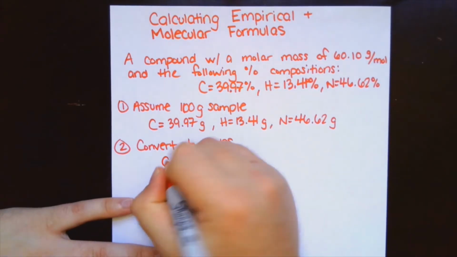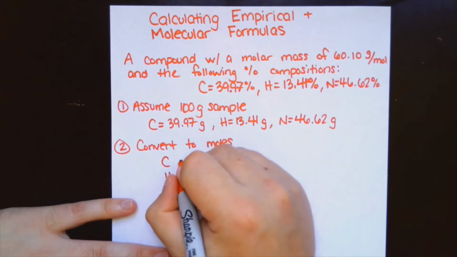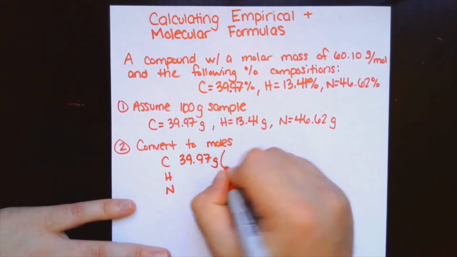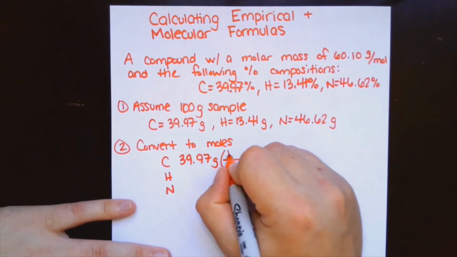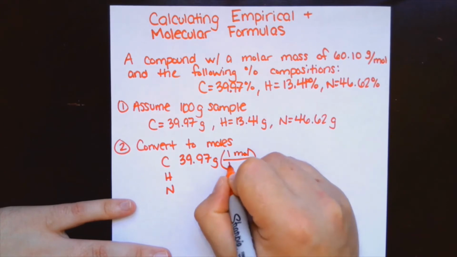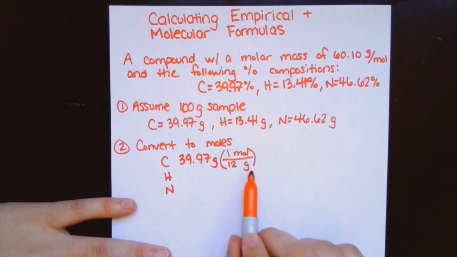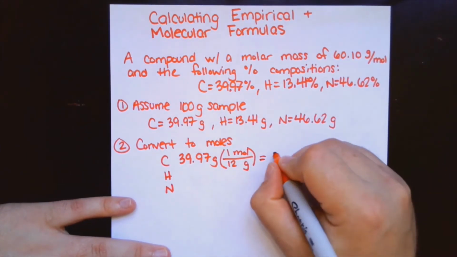For each one, carbon, hydrogen, and nitrogen, we're going to take the mass that we got in step 1, and we're going to use each element's respective molar mass. Again, we have to put grams in the denominator to cancel out the grams that we are starting with.